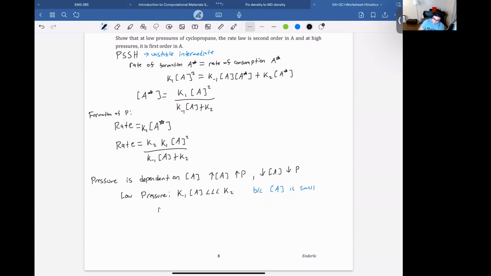So the rate simplifies to K1 A squared over K2. Oops, no, I messed that up. Totally messed that up. Over K2, my bad.